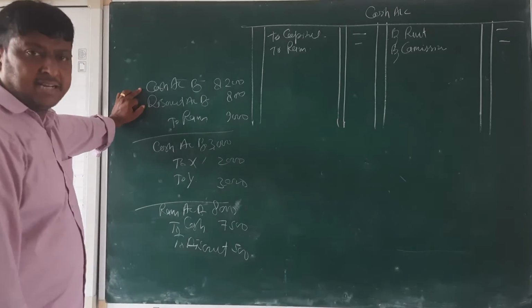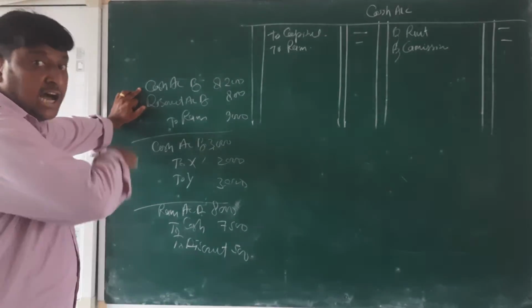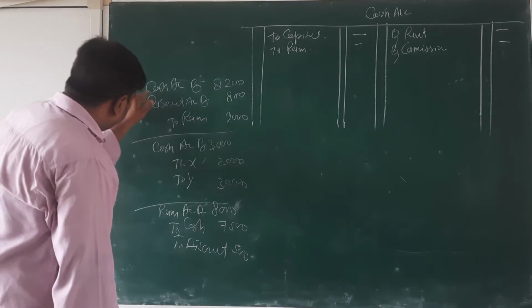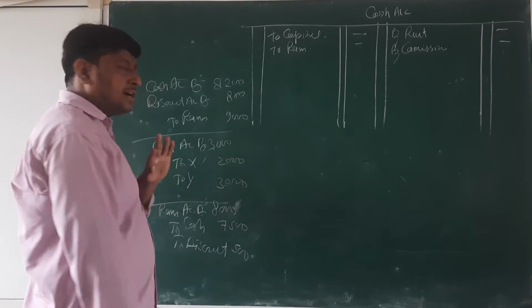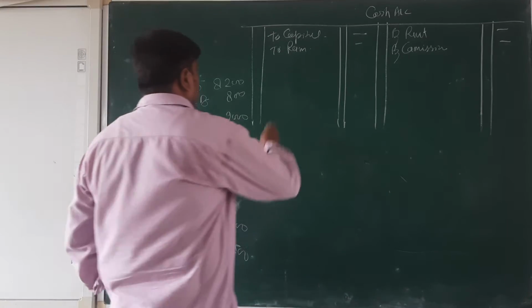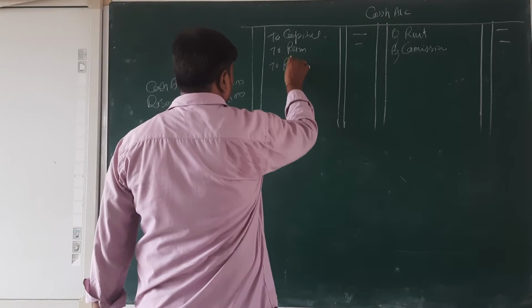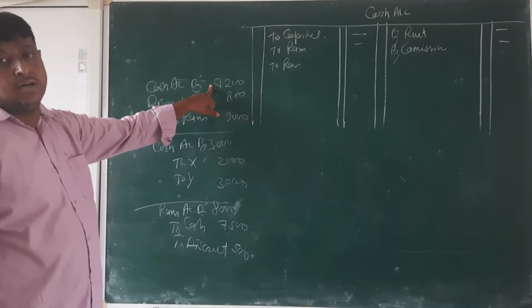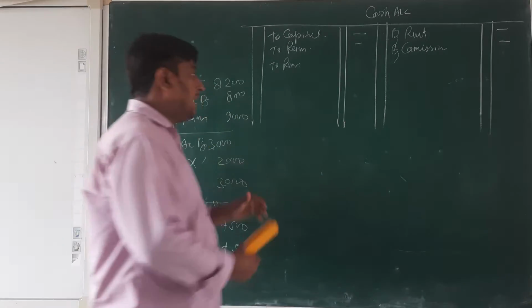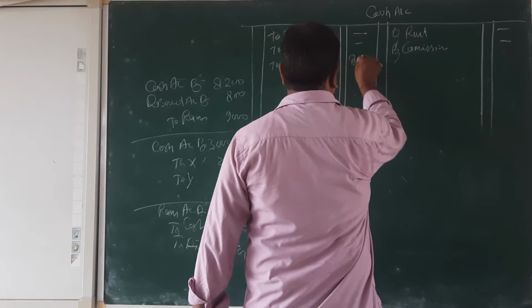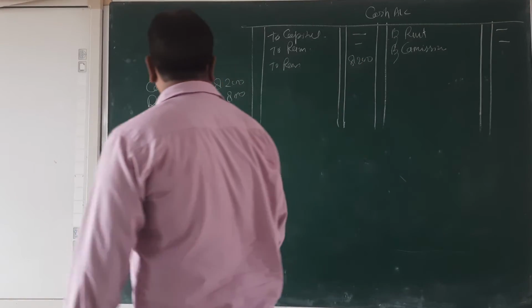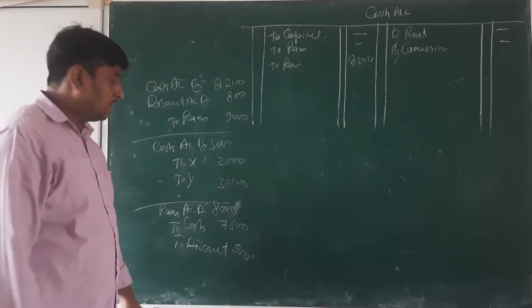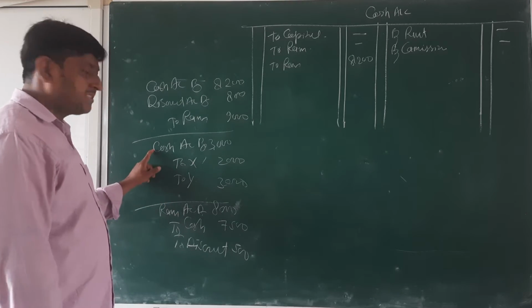Here cash is debited, beta. So we take the opposite. Its opposite is this Ram only. Discount is not the opposite. And we take the Ram debit side, and the amount we take is the one given in front of cash, 8,200. Okay, beta? Here, cash is debited.